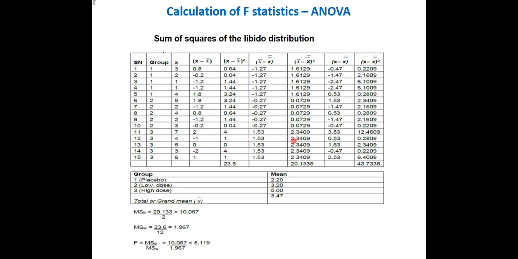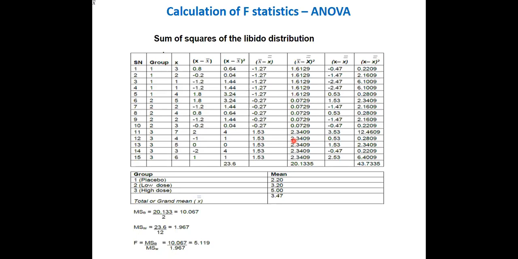How do you know the difference between 3 groups? You look at how they deviate from the grand mean. The grand mean is more like a gold standard. Now you want to see the difference between these 3 groups. All you need to do is compare all of them with the gold standard.